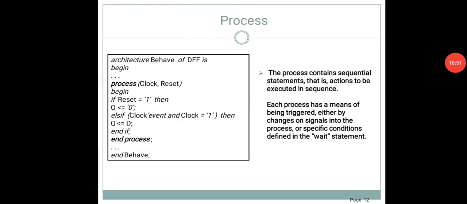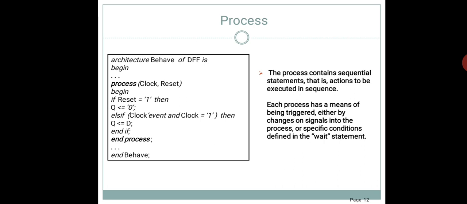Then the next thing that we need to understand is the process statement. Process statements are written in the architecture body. These process statements are used for sequential statements. When we want to define sequential statements like if, then, case statements, etc., these can be declared by using the process statement.